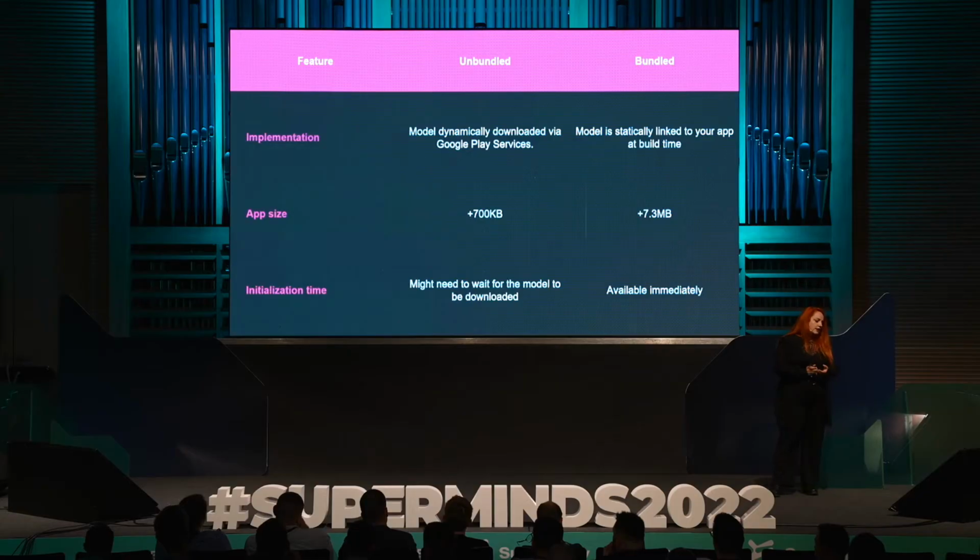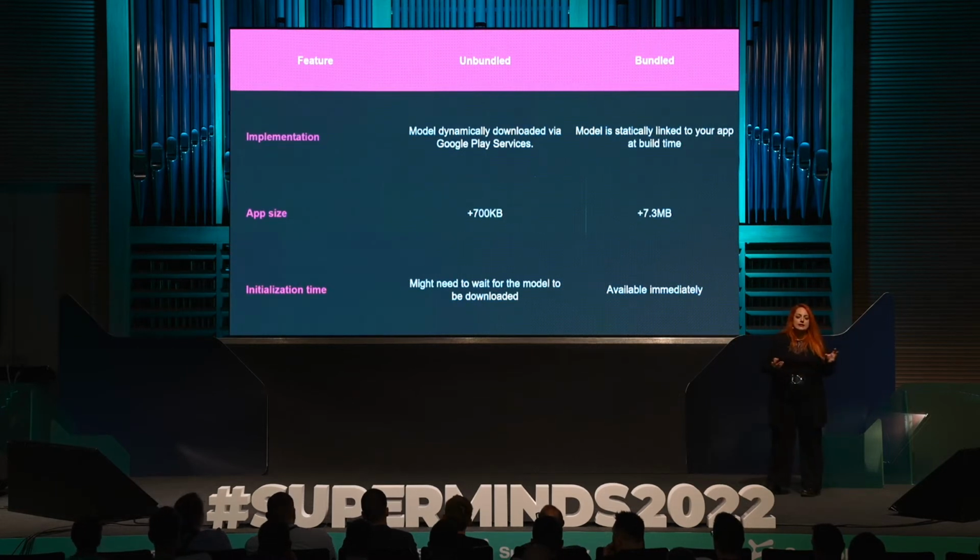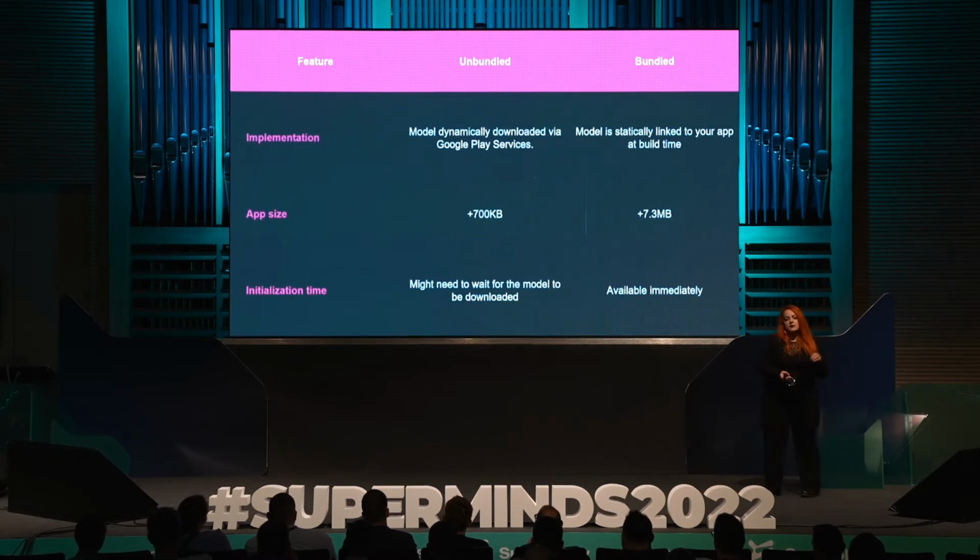There are two ways to implement it. The first one is unbundled, which means that the model is dynamically downloaded when the user starts the application. The second one is bundled: we basically ship the APK with the model inside as well. For the app size, there is a big difference.